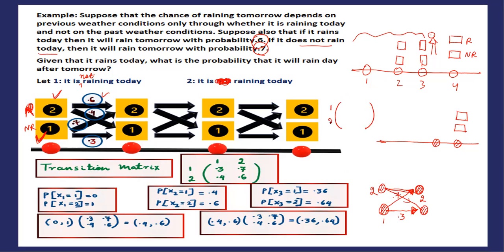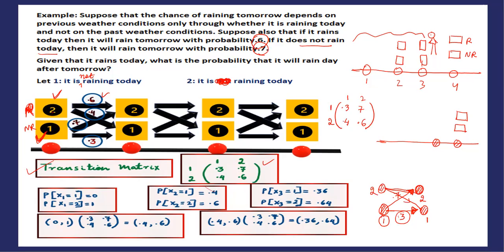If we are at 2 today, what are the possibilities? 1 to 1 is 0.3. Whichever way you write it, it doesn't matter. Ultimately, you have to write the transition matrix properly. 1 to 1 is 0.3, 1 to 2 is 0.7. See here, this is the transition matrix. And then 2 to 1 is 0.4, which is not given, and 2 to 2 is 0.6, which is given. So this is our transition matrix.